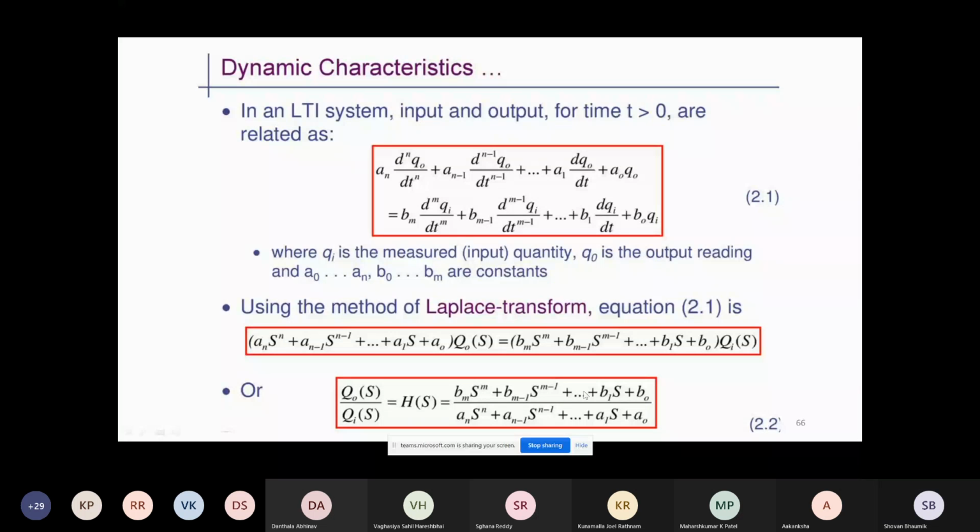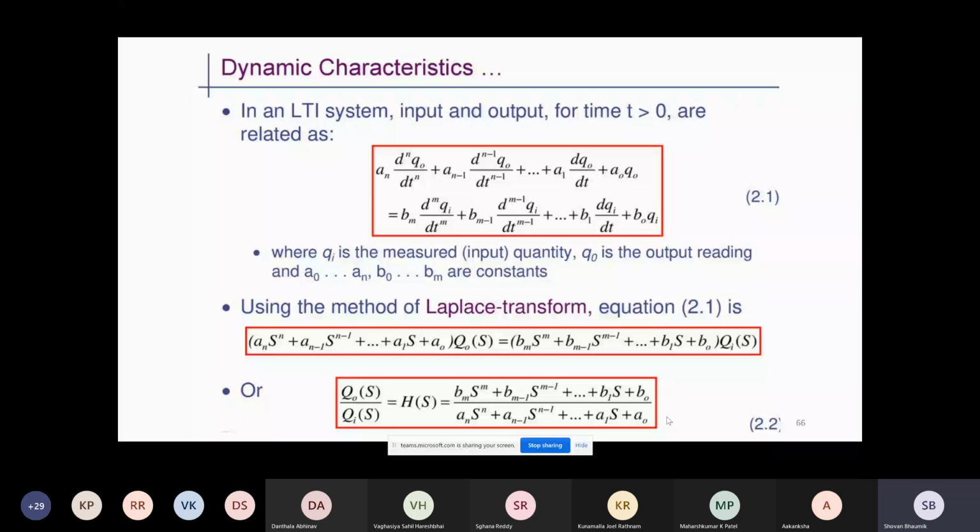In general, an nth order differential equation or nth order system we can write in the form of a transfer function. To measure any input from the output, we need to know this transfer function, and we need to solve it with some proper initial condition so that we can know the input from the output of such a measurement system.